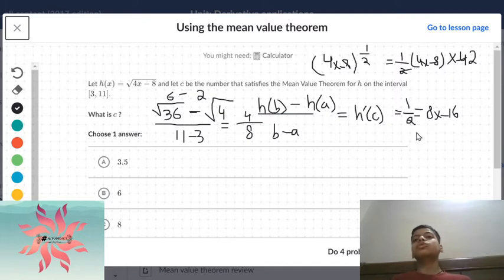1/2 is just 0.5. Add 16, it will become 16.5, equal to 8x. Divide both sides by 8.